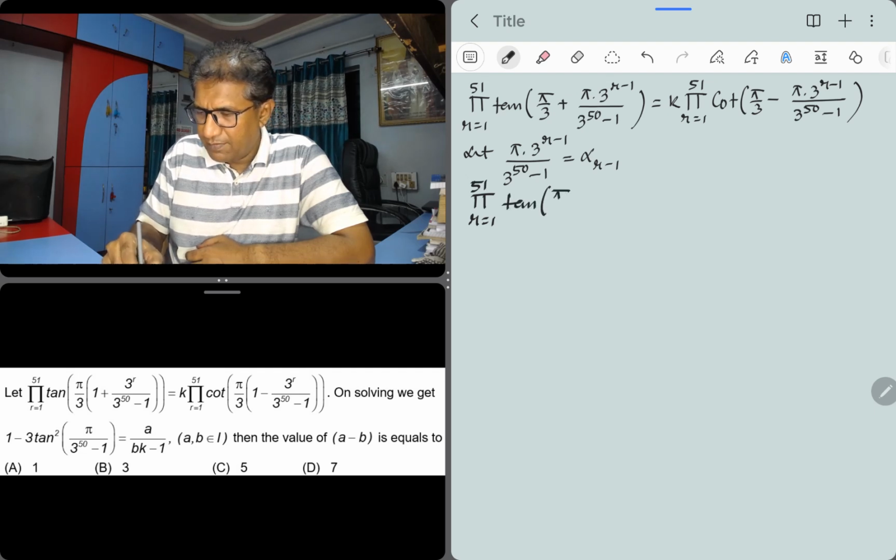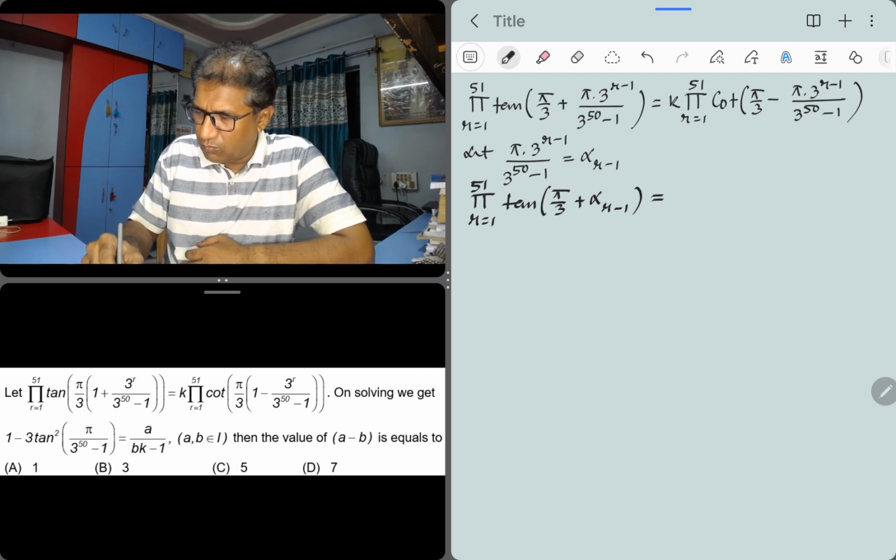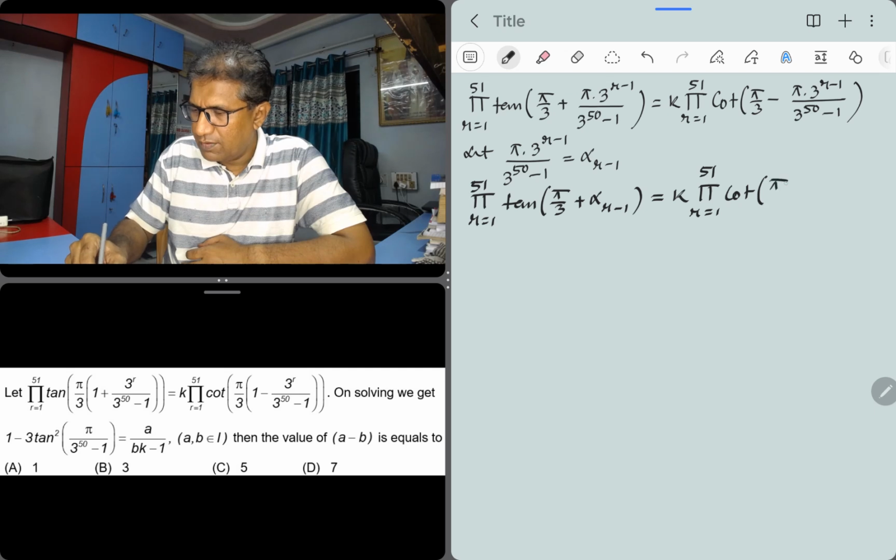Then pi by 3 plus alpha suffix r minus 1 is equal to k cot pi by 3 minus alpha r minus 1.